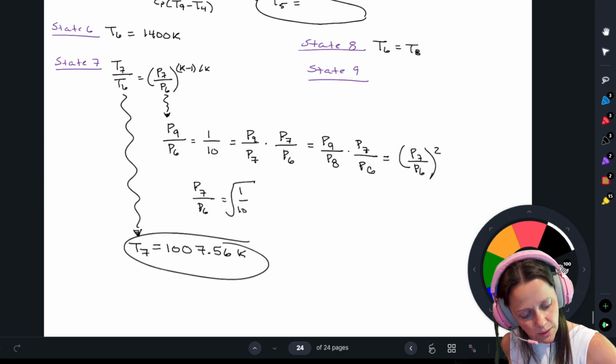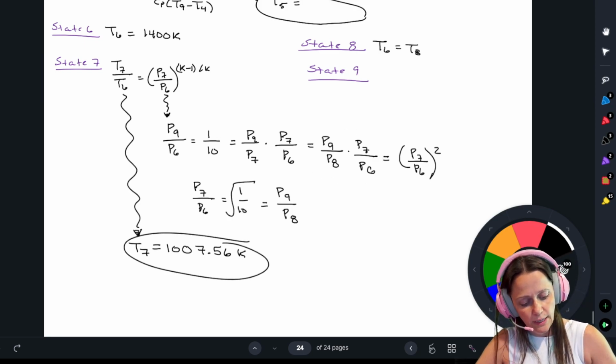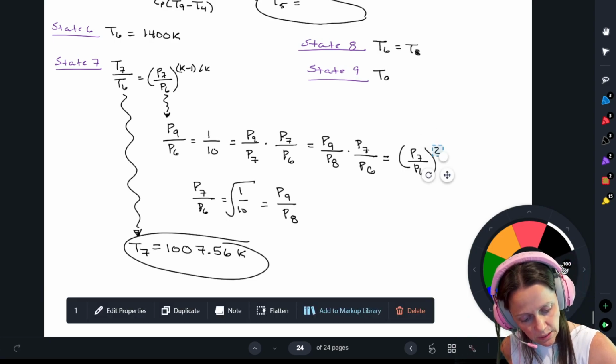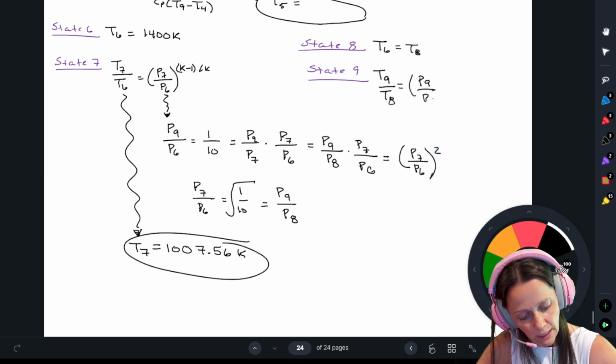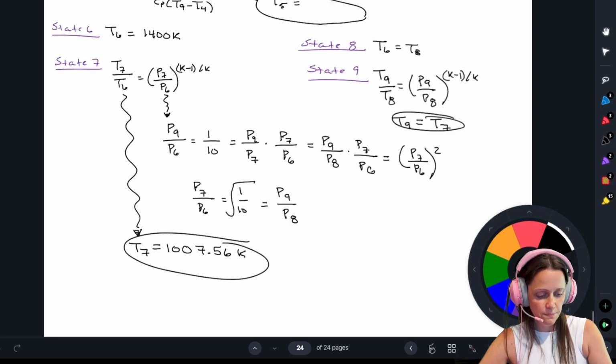And remember, this is the same as P9 over P8, right? Same thing. And so same isentropic relationship: T9 over T8 equals P9 over P8 to the K minus 1 over K. And I'll get that T9 and T7 should be exactly the same thing.